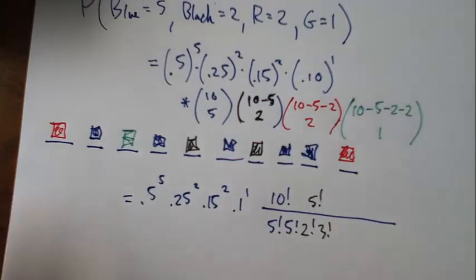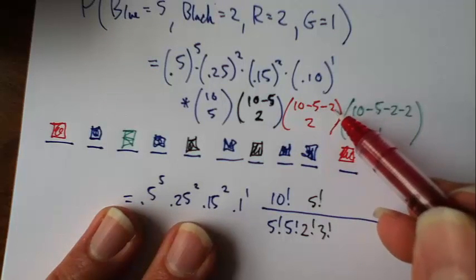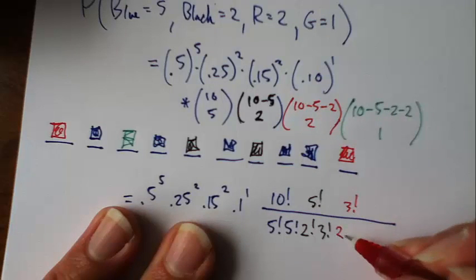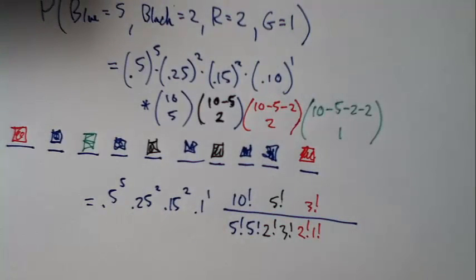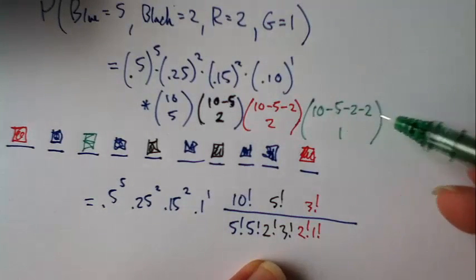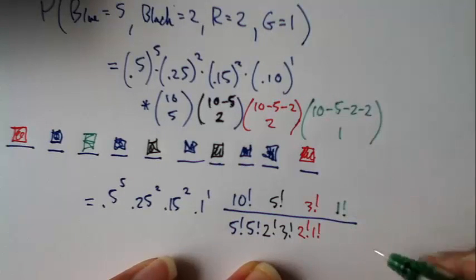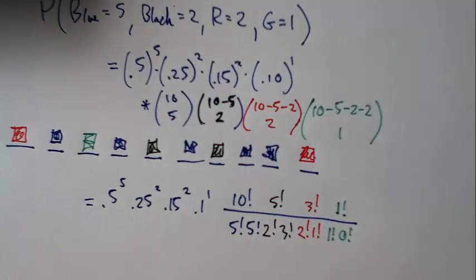And then 10 minus 5 is 5, minus 2 is 3, so that's 3 factorial over 2 factorial 1 factorial, right? And then the green stuff becomes 1 factorial over 1 factorial 0 factorial, right?